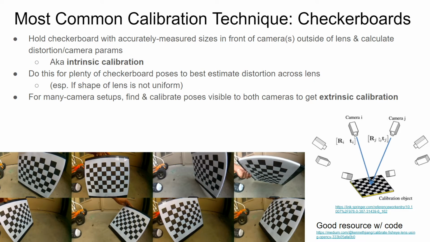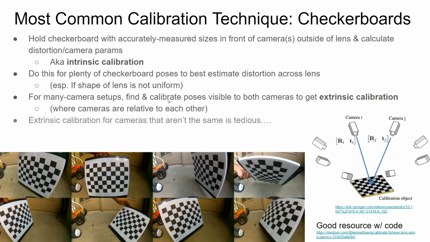In a situation where you have a lot of cameras and you need to figure out where the cameras are relative to each other, so we'll see depth sensors soon, but we've also seen systems like OptiTrack, where OptiTrack is trying to track the user and their skeleton from a bunch of different perspectives. In this case, where you want to know where the cameras are relative to each other, this is called extrinsic calibration, and you do this by basically putting the checkerboard in such a position that at least two cameras can see it at any given point.